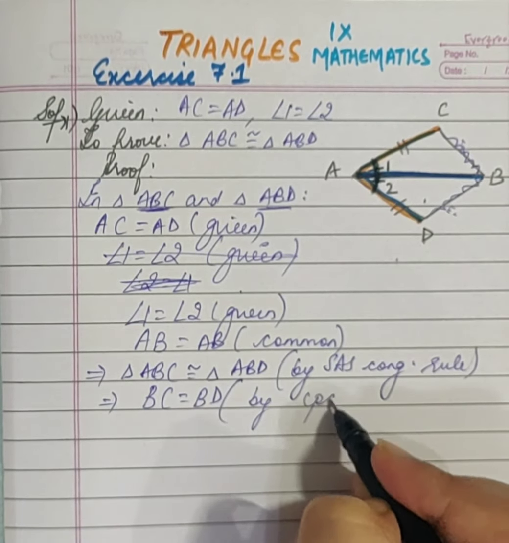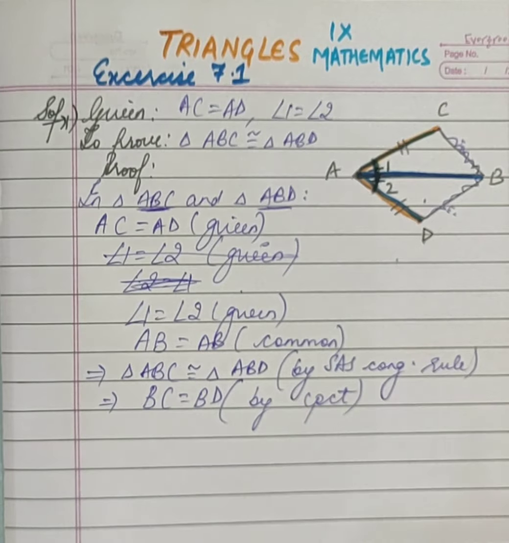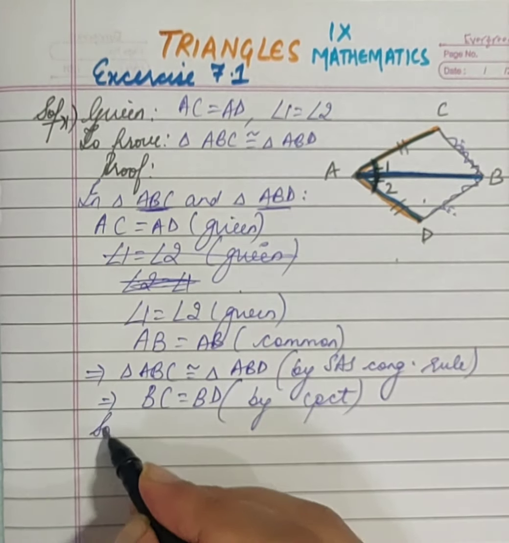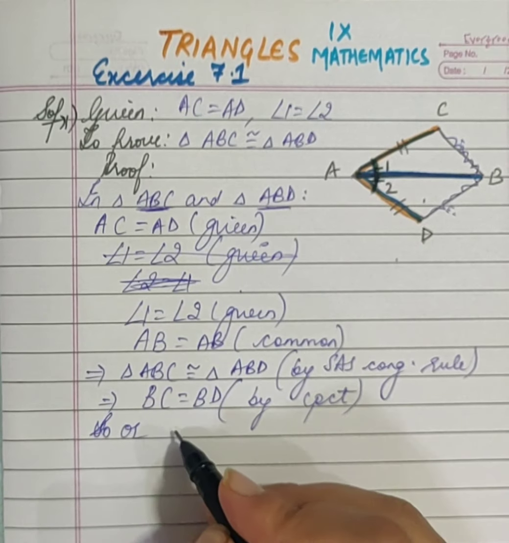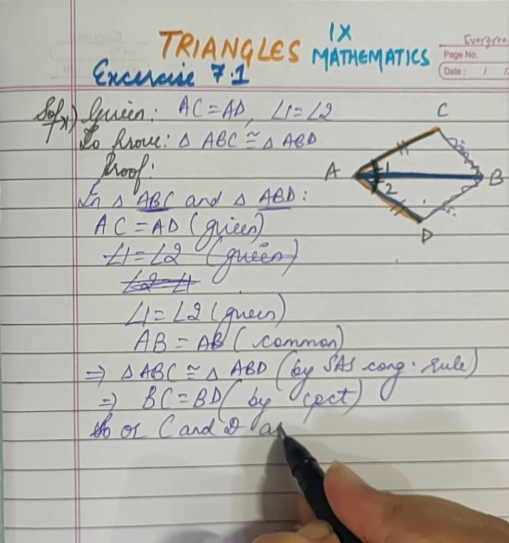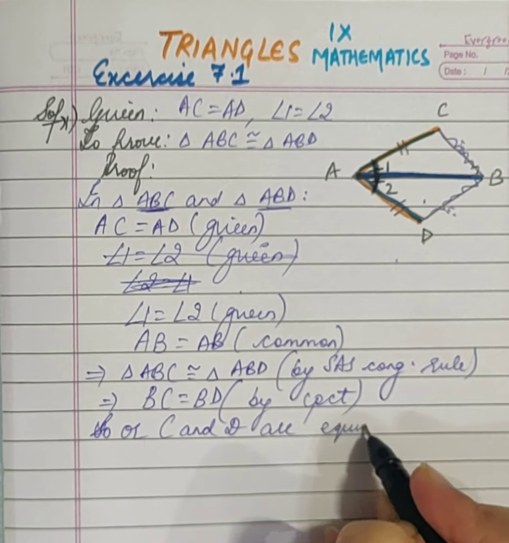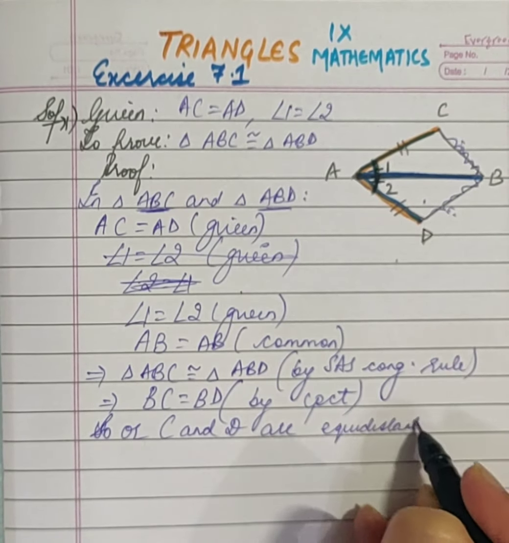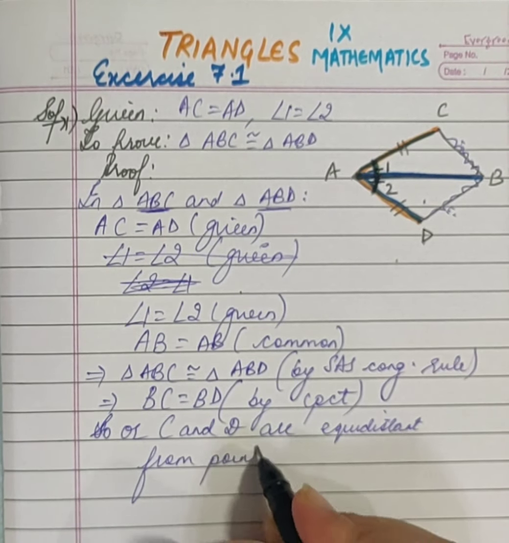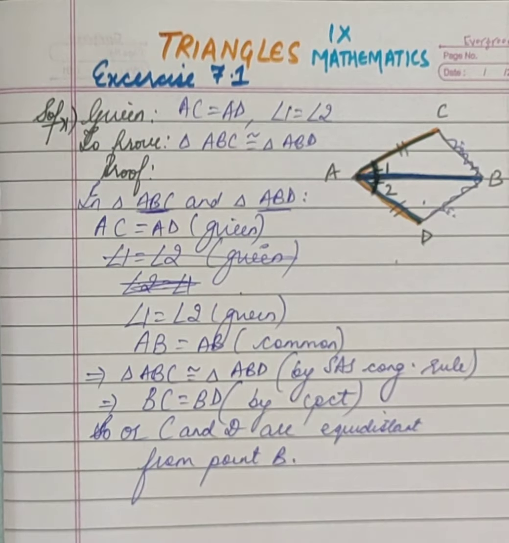By CPCT, or corresponding parts of congruent triangles. Or you can say, C and D are equidistant from point B. You can say this also.